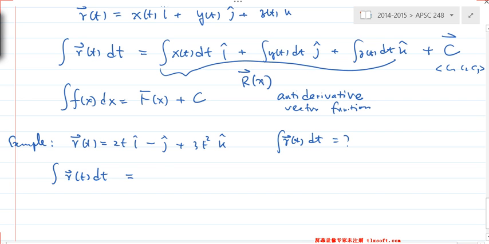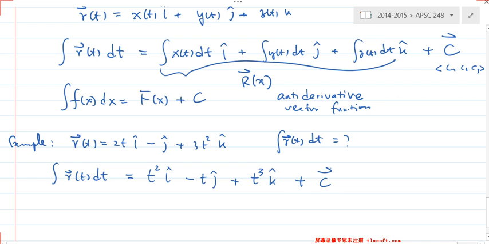So the integral of the first one is t squared. The second one, t. And the third, t cubed. And then don't forget, plus the constant c. Okay?